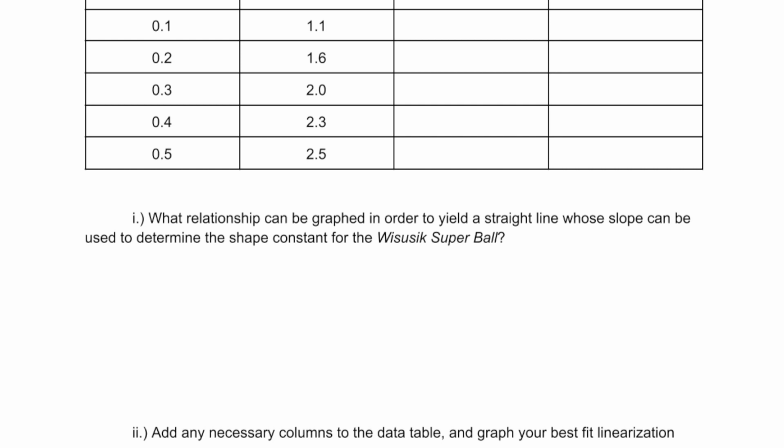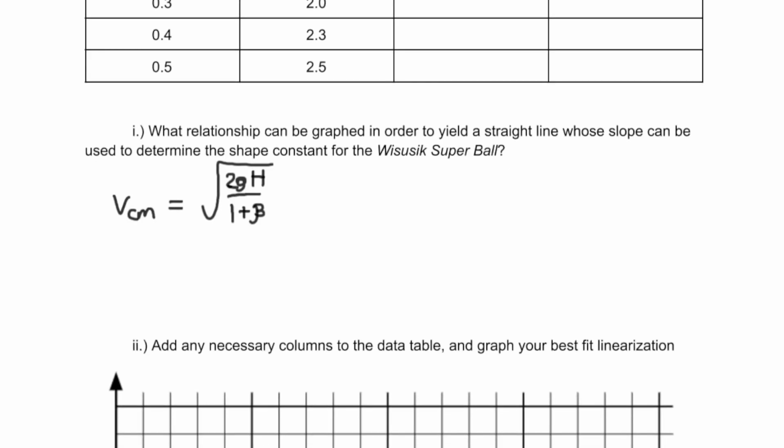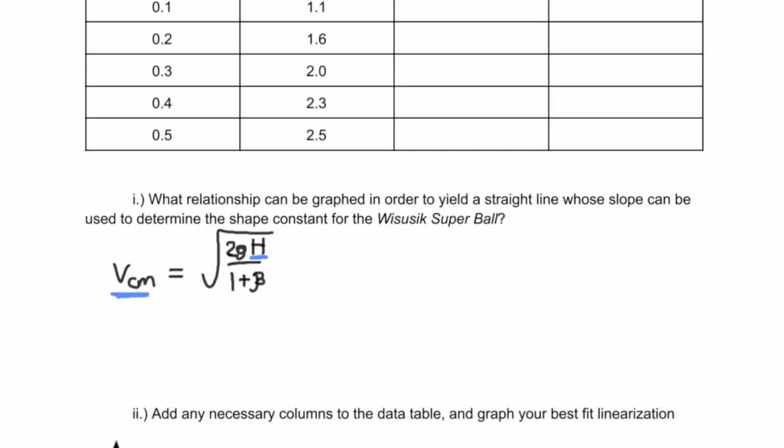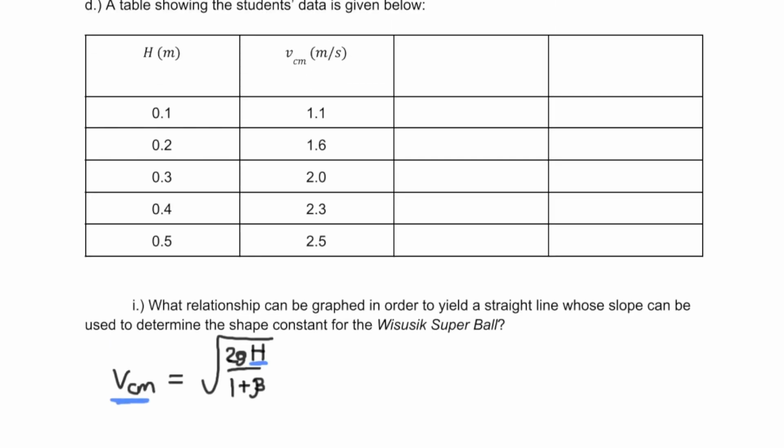So we were given that VCM is equal to the square root of 2gh divided by 1 plus beta. And again, when we do this, it's important that we identify our variables so we know what things should be graphed. So here, we changed h each trial, and we record the center of mass velocity at the bottom, because those are our two variables here.